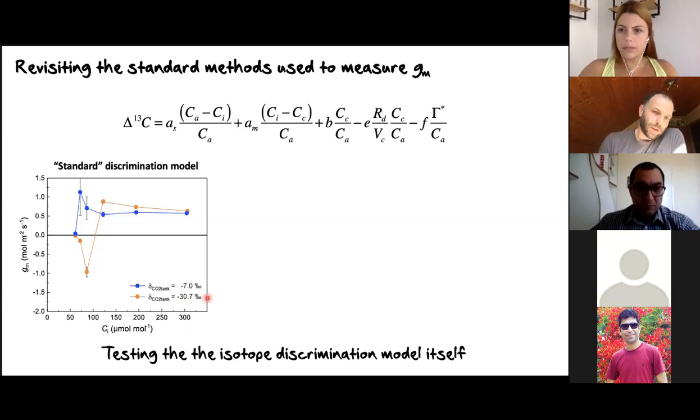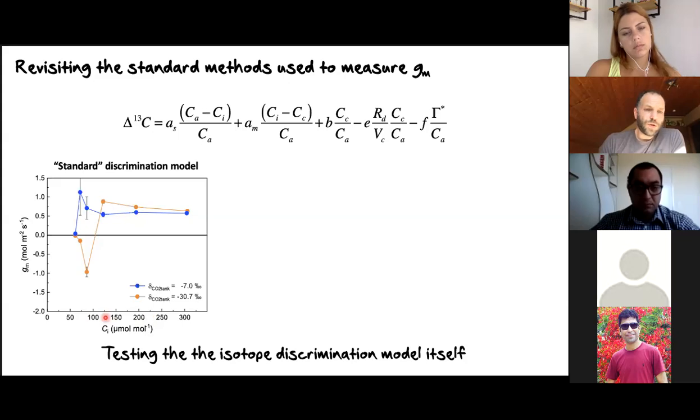So here in this graph down here, I've measured gm, which is the inverse of the mesophyll resistance. So essentially how hard it is for CO2 to diffuse into the chloroplast against the CO2 concentration. And we measured that with two different tanks that have slightly different isotopic composition. Despite our hypothesis that the measured values of gm should be the same, they start to deviate.